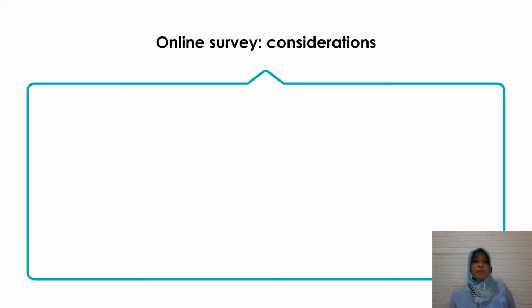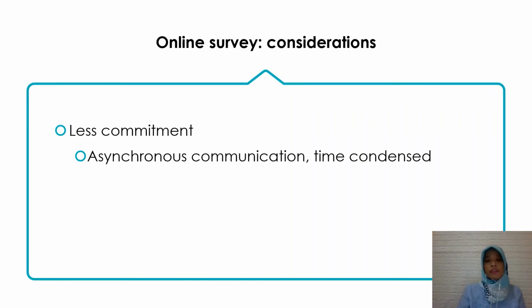Some other things to be considered with the online survey is that we get less commitment from the participants because there's asynchronous communication, and it's also time condensed. So some participants, especially if we have a long survey, might just stop in the middle of the survey, and they just don't want to participate anymore.